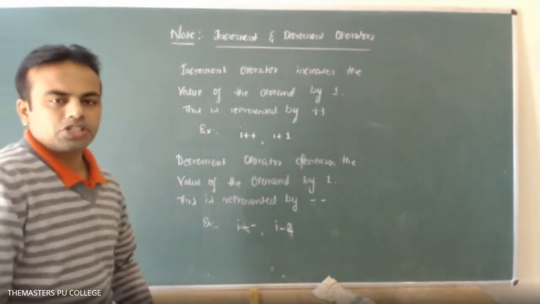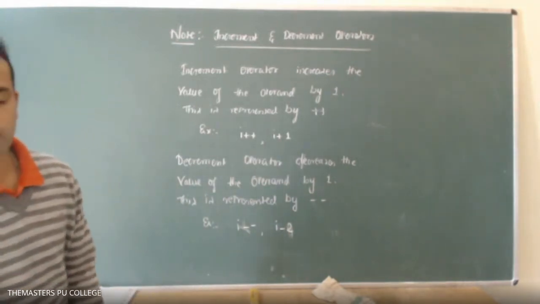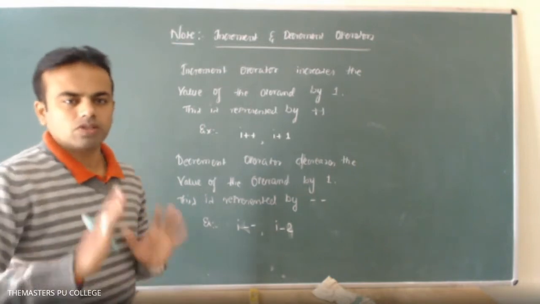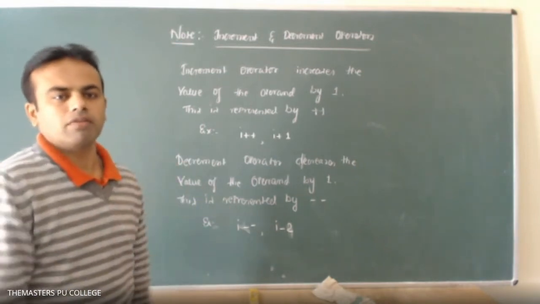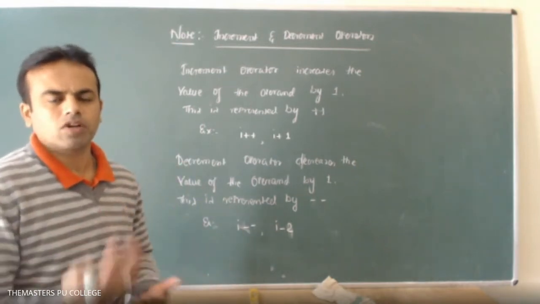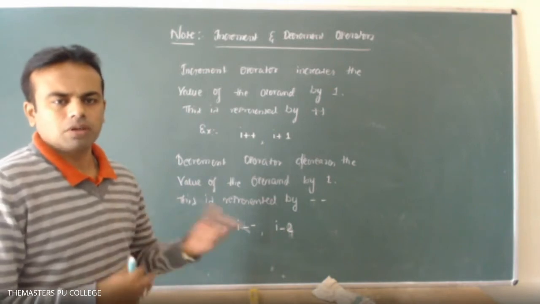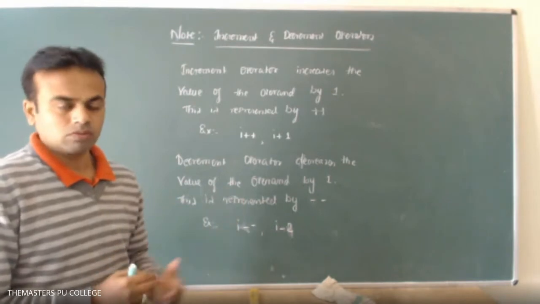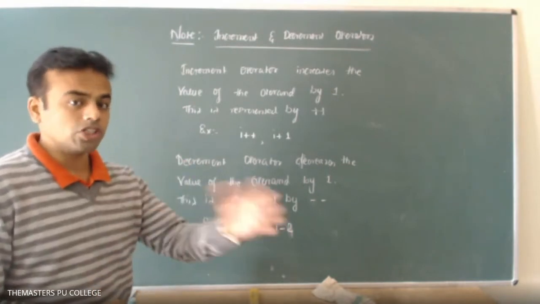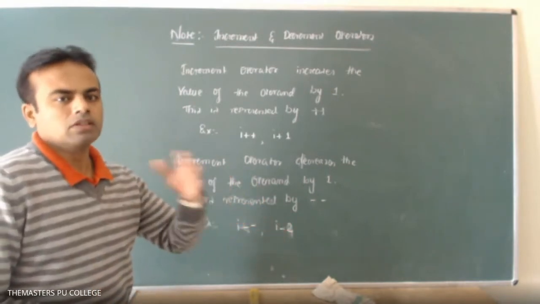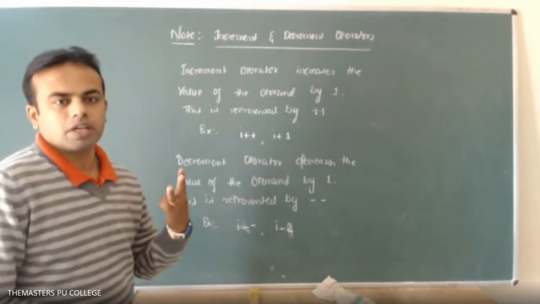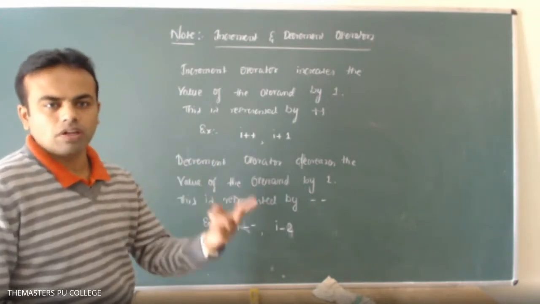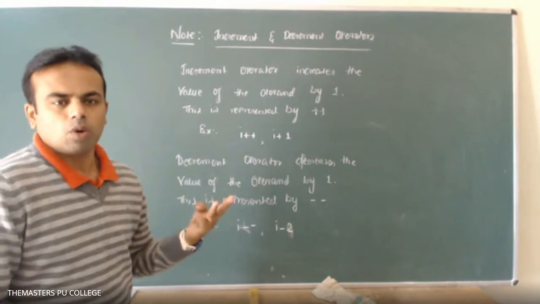Right? Incrementation, decrementation. Okay, so increment is used to increase the value by 1. It may be a variable, it may be a constant, whatever identifier we use. Constant means integer constant, I'm saying, right? Integer constant has three types again: decimal integer constant, octal integer constant, and hexadecimal integer constant.